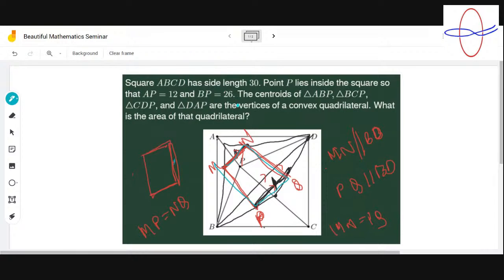Okay, 15 root 2. Okay, but I mean, how does that help over here?